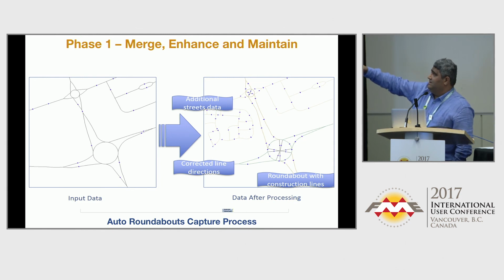There are a bunch of streets that were missing in the input data, but they were available in PitneyHarris streets. They were captured automatically. And we have played with the dual carriageway divided roads there, corrected line direction automatically, and also captured the roundabouts and construction lines in between, and corrected the direction so that traffic can flow smoothly and it can be used for navigation purposes.